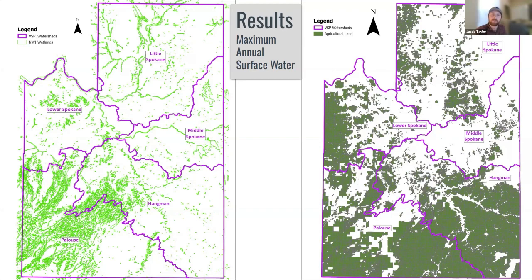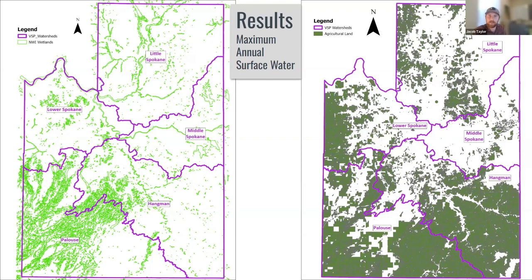And then what the model does is it outputs basically a hydrograph. And so we developed actually 2 hydrographs for each watershed we looked at. One looking at the maximum surface water extents for all the wetlands within the entire watershed. And then another one looking at those wetland extents only on the agricultural land within that watershed.